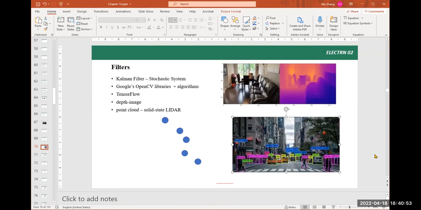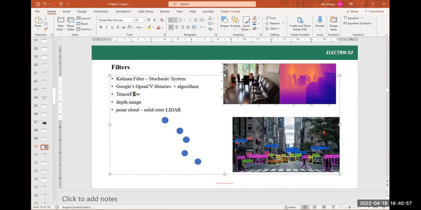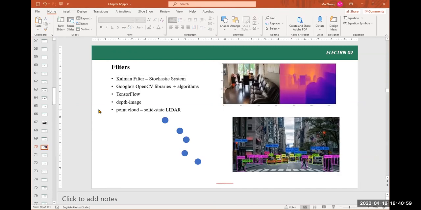Using OpenCV or even TensorFlow, also made or maintained by Google, the camera can detect all these objects, persons, cars, and then cats, dogs, you name it. And the fundamental design of them is using filters.